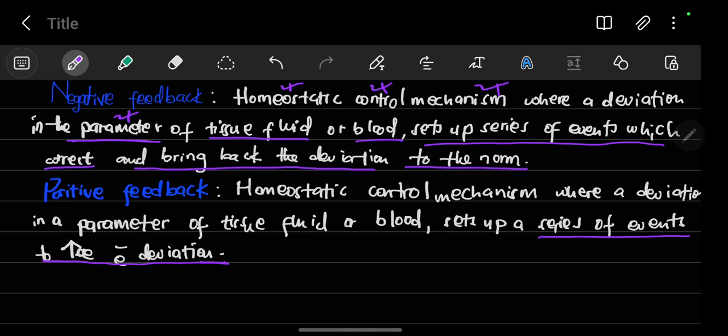For example, maybe if your blood sugar level is at 50% after a meal, and your body senses that it's at 50, and instead of lowering it, maybe the body triggers more mechanisms to increase from 50 to 70. That is positive feedback. Instead of lowering, the body is increasing the deviation from a set point.